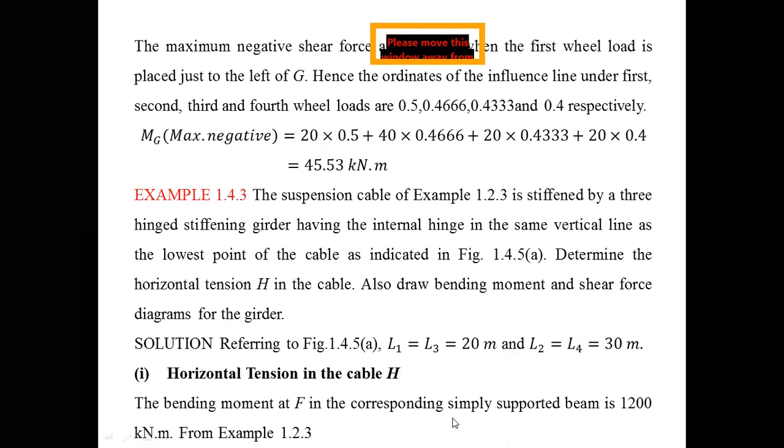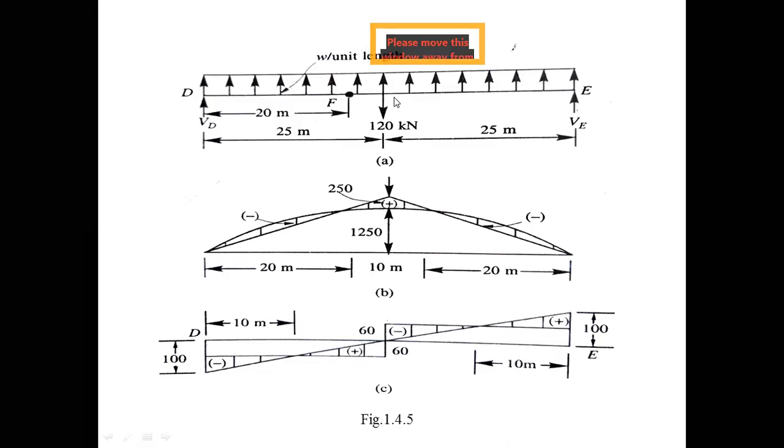So you know the bending moment corresponding to the simply supported beam for this figure. How much is the bending moment at F, at the center? Here, how much is it at the center? It is 1200 kilonewton meters, because the simple beam is subjected to 120 kilonewton. What are the reactions?